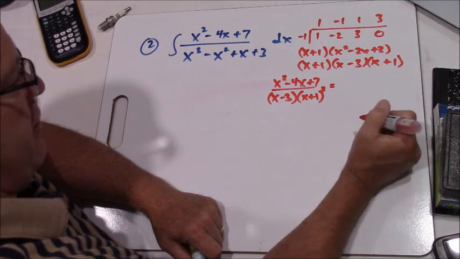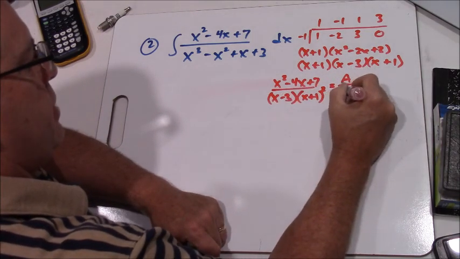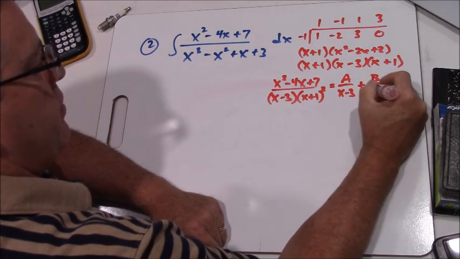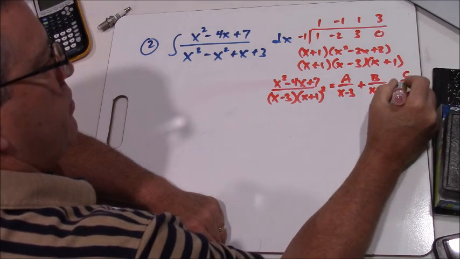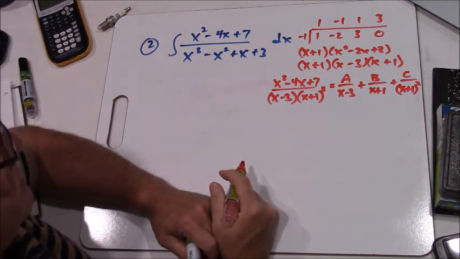And so that means that my fractions are going to be A over x minus 3 plus B over x plus 1 plus C over x plus 1 squared.